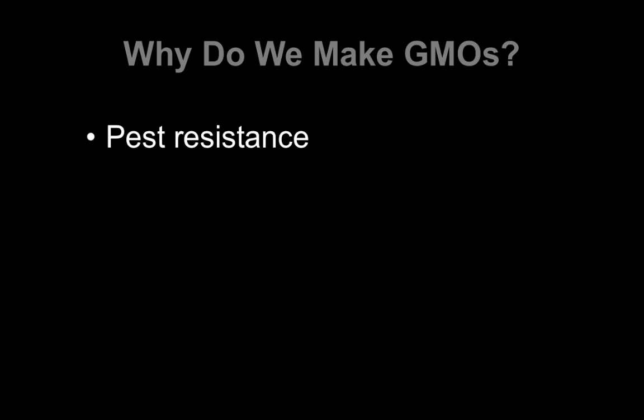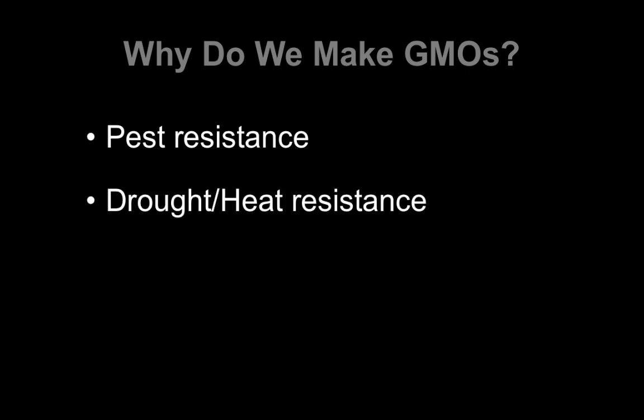Well, for one thing, we can take genes and insert them into crops to make them more resistant to pests. So we have to use less pesticides, and we have fewer crops eaten or killed by various pests. We can insert genes that make them more drought and heat resistant, so we can grow them in more places, and we're less likely to have a heat wave or a drought affect our crop.